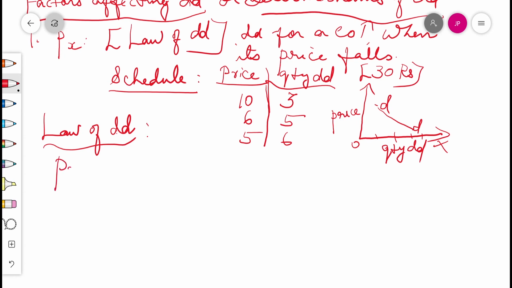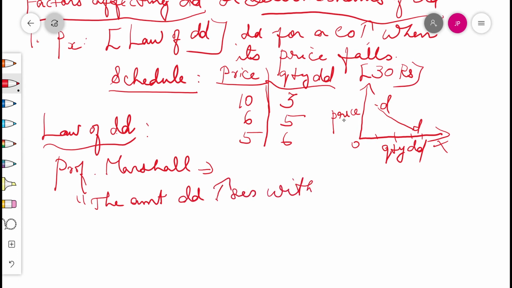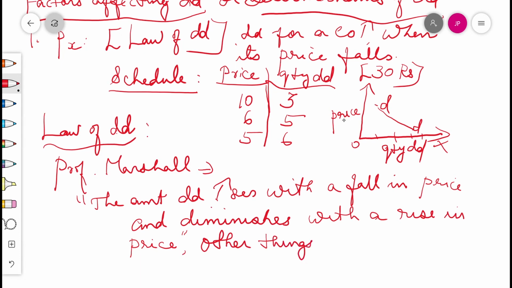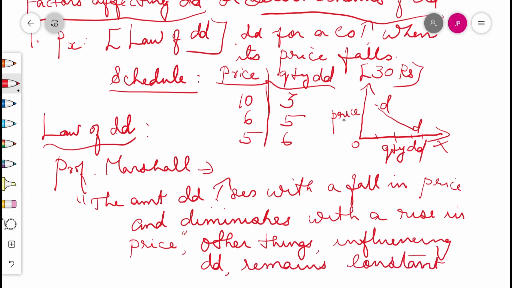Professor Marshall has explained the law of demand as: the amount demanded increases with a fall in price and diminishes with a rise in price. Put inverted commas: other things, or other factors influencing demand, remain constant.